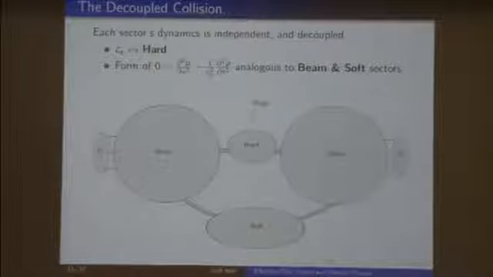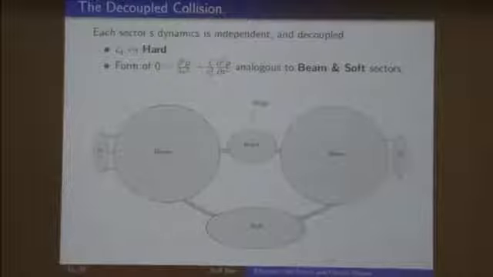And in fact, we see the same type of universality that we saw in gases, where all sound in all gases is described by a wave equation. I could replace this hard interaction with a different hard interaction, and I would still have the same beam and soft functions.